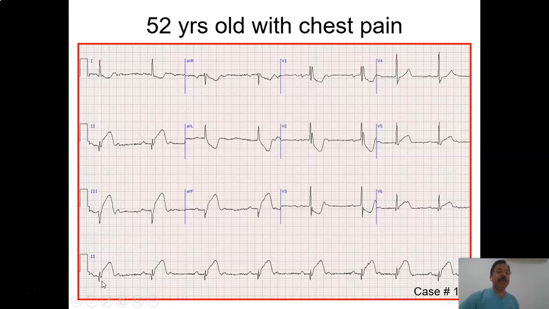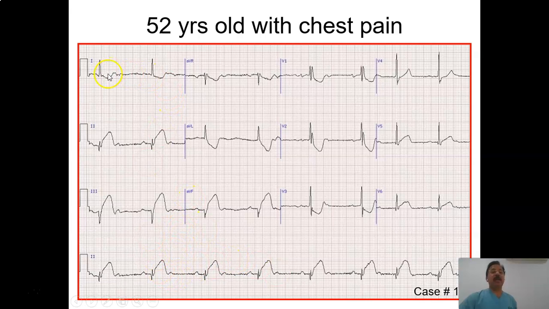For the rhythm, there is a P wave followed by a QRS complex and T, but this P wave has no QRS complex. The next P wave has a QRS complex, the next is without. So one P is followed by a QRS complex, the next is not. It looks like 2 to 1 AV block, or second degree type 2, or Mobitz type 2, AV block.